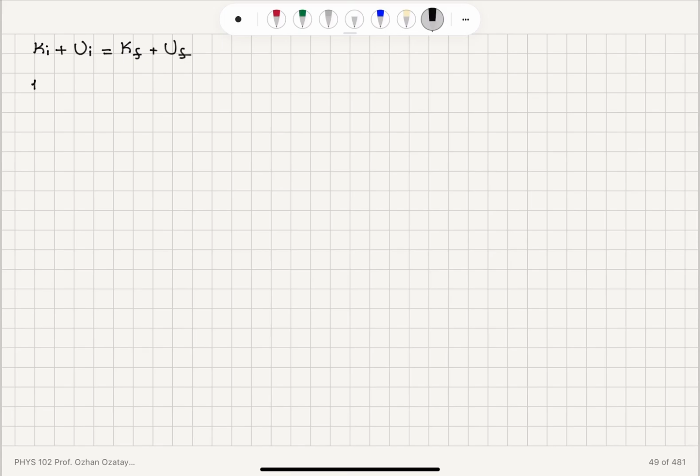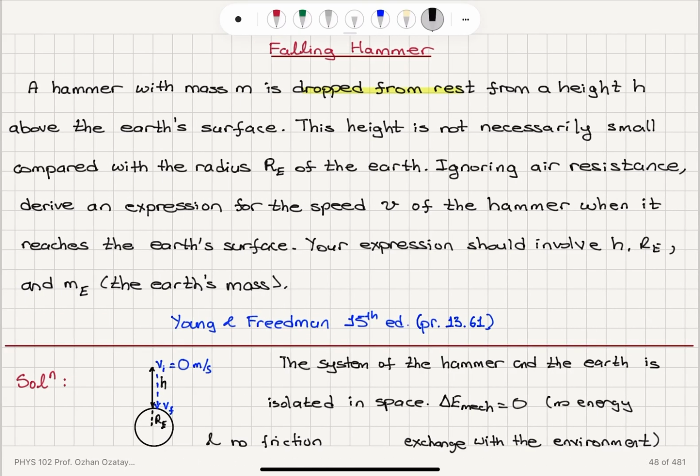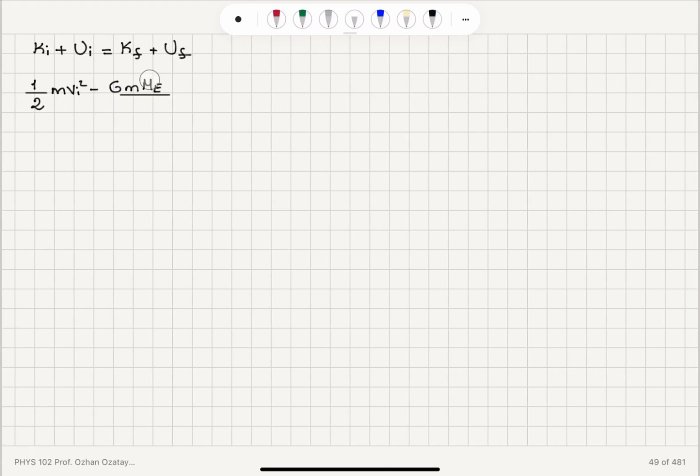The initial kinetic energy is 1/2 m v initial squared, plus then I have the potential energy, which is minus G times the mass of the Earth, which I show with m sub e, divided by Re plus h.